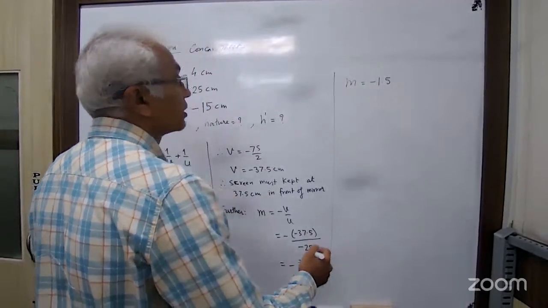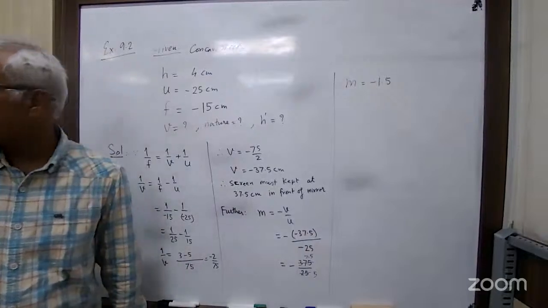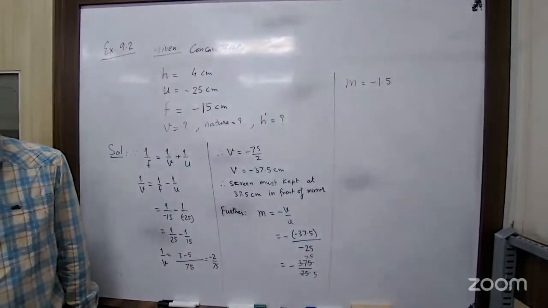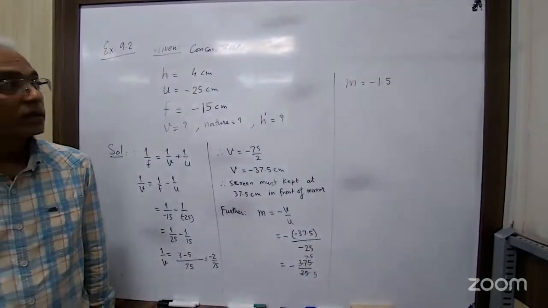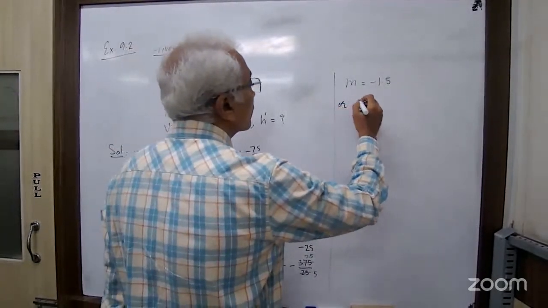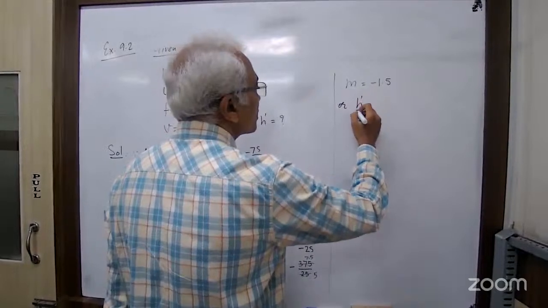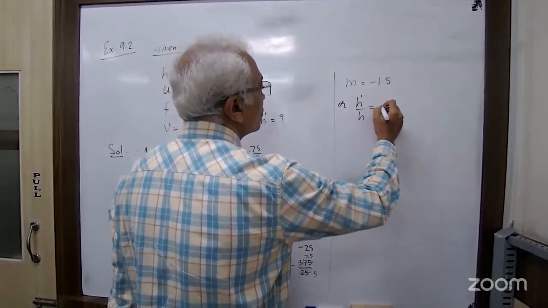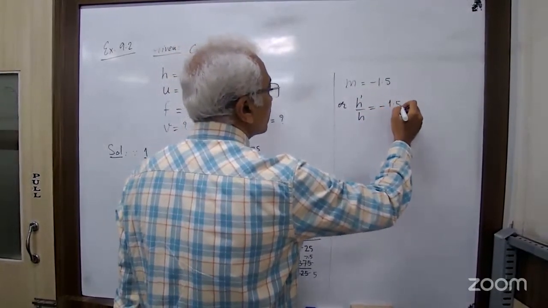So M you are getting is minus 1.5, right? So M is H dash upon H, is equal to minus 1.5.